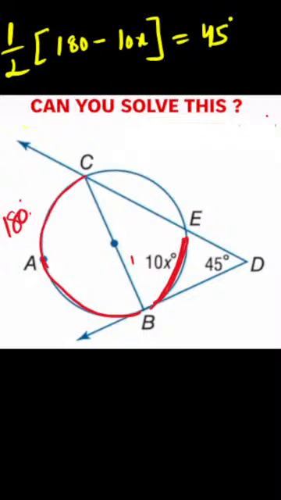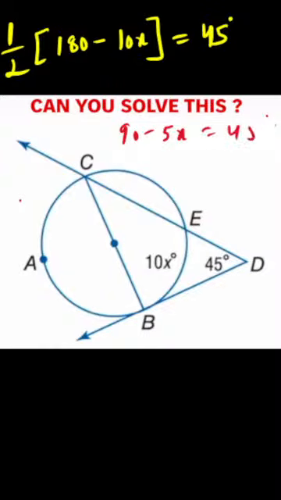This is another approach that you guys can use. So solving this, if I multiply by half, or I can say I'm going to take half on the other side, it's going to give you the same answer. So half into 180 is 90. 90 minus 5x is equal to 45, which gives you the same equation that we had previously, right? So 5x is going to be 45 and x is again going to be 9.